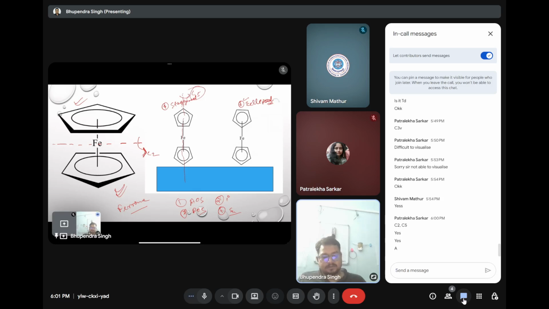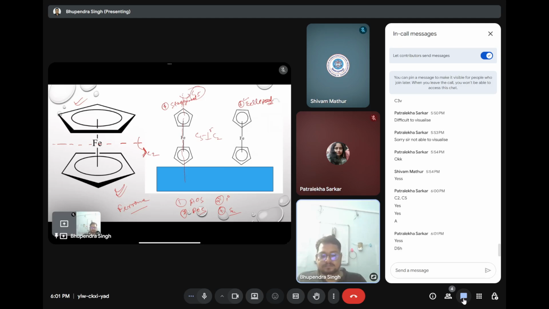So C5 is present, and it is perpendicular to your C2. So what will be the point group? Of course, D5. So you are saying it's D5h.